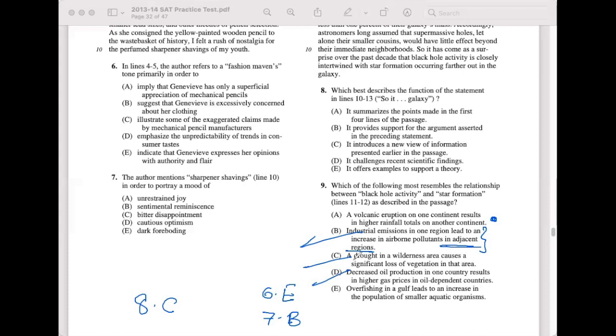And overfishing in a gulf leads to an increase in the population of smaller aquatic organisms. So that also is within the same region, the same part of the ocean where overfishing has led to an increase in the population of organisms that those fish would prey on. So this is more of a trophic cascade, and it doesn't really convey the sense of activity in one area boosting activity in another. So the best answer is option A.